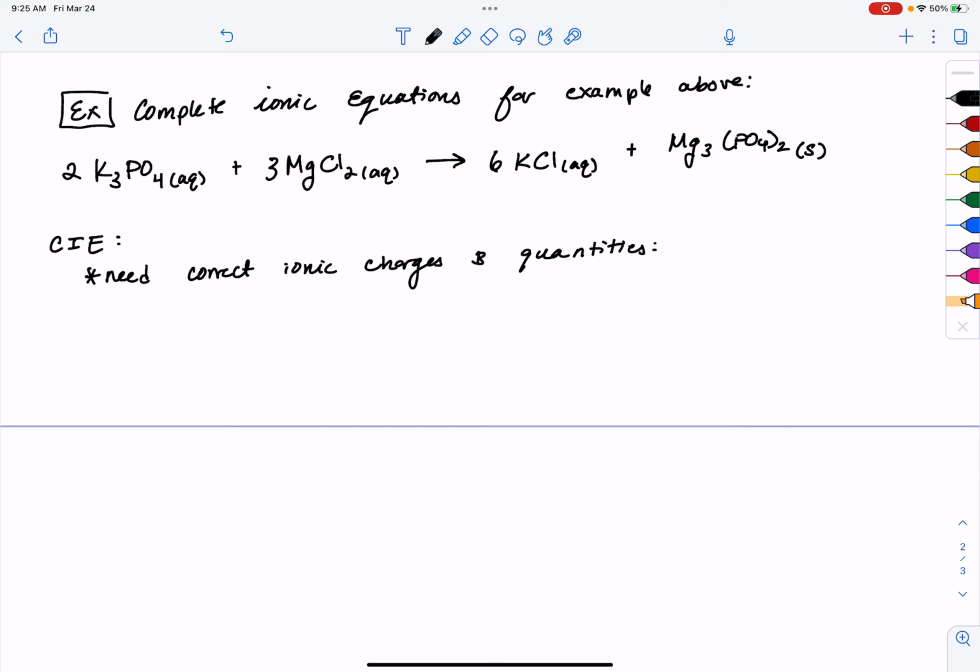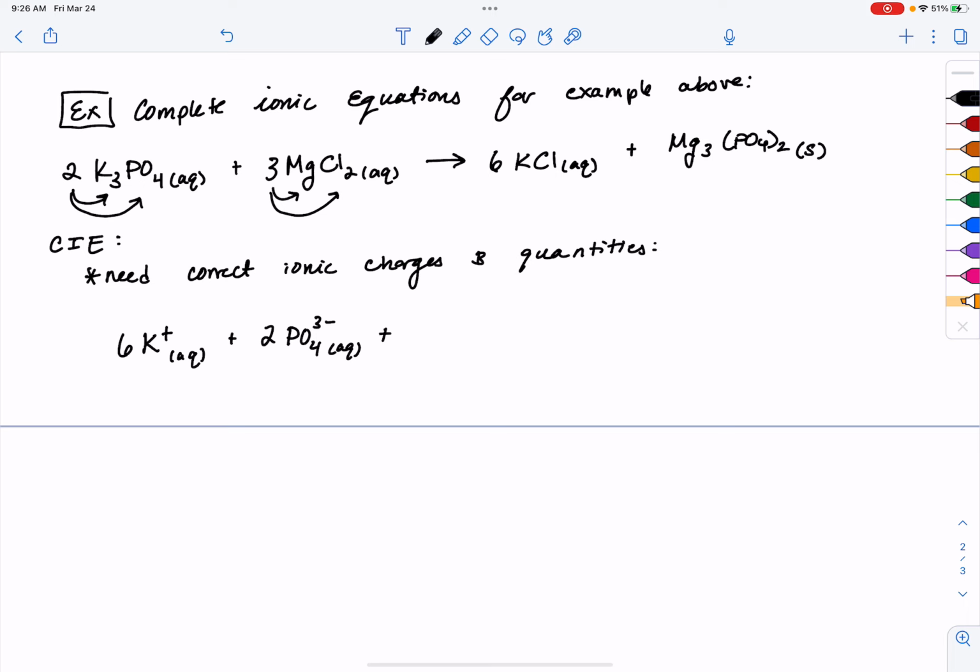So when I dissolve 2 units of potassium phosphate here, I'm going to create 6, 2 times 3 is 6, potassium ions and 2 phosphate ions in solution. So this comes from my balanced molecular equation.